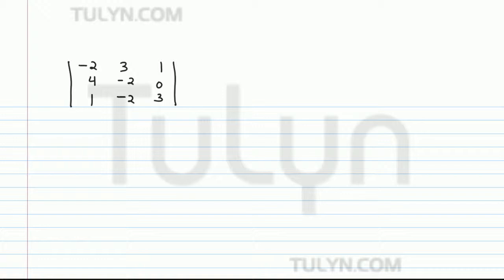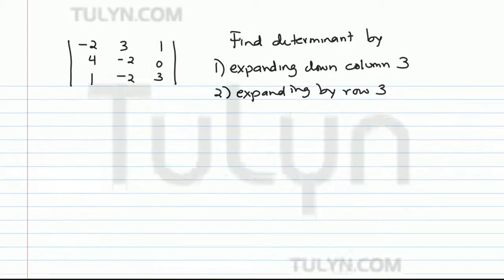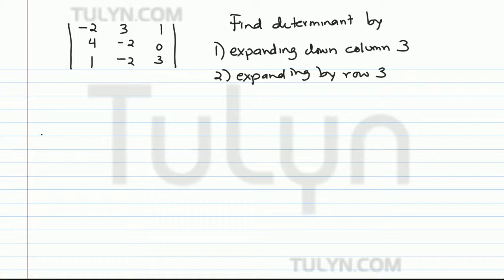And I want you to find the determinant, and I want you to do it first by expanding down column 3 and then expanding by row 3. I'm going to do these two to show you that they provide the same exact result. So first, expanding down column 3.